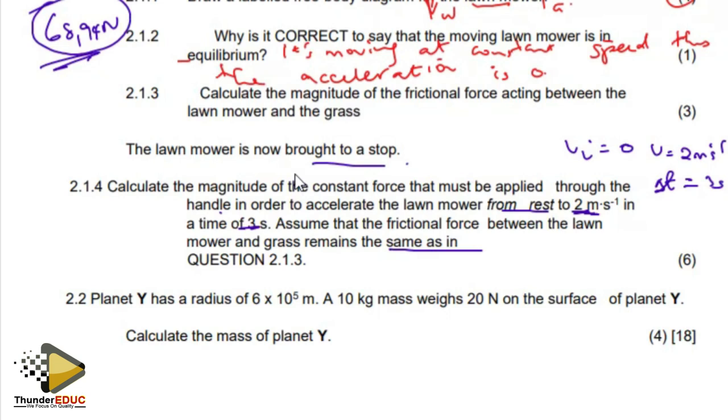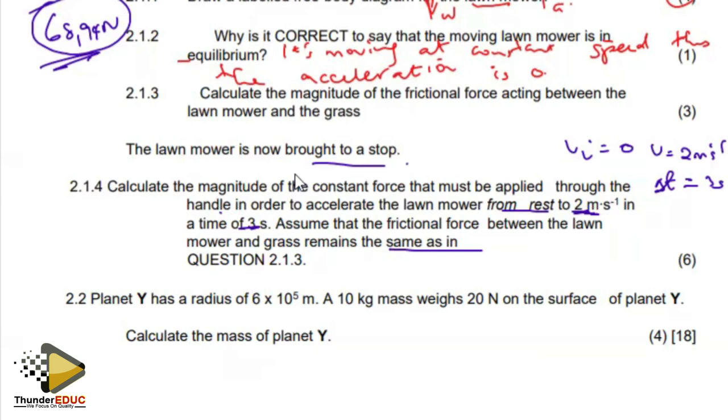This does not take away the 40 degrees at which the applied force is acting. So you can start by determining the acceleration of the lawnmower itself.